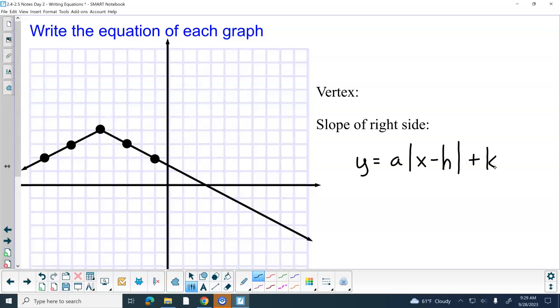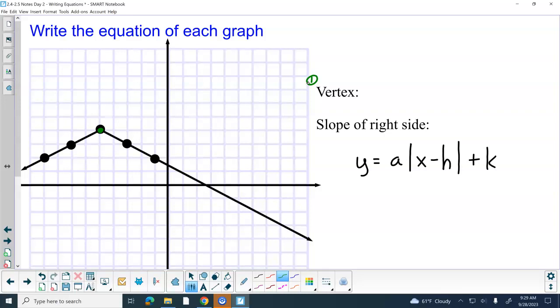They are the vertex. Okay? So what we need to first do is we first need to identify that vertex point. So your first step when you're going backwards, when you're giving me the equation, is you're going to identify the vertex point, because that's H and K. Okay?